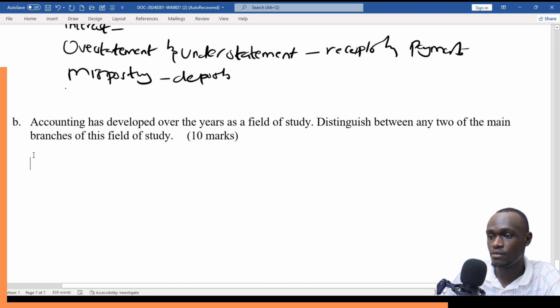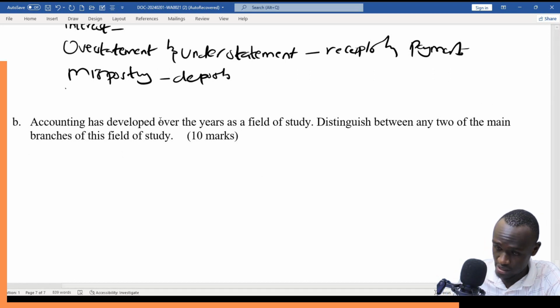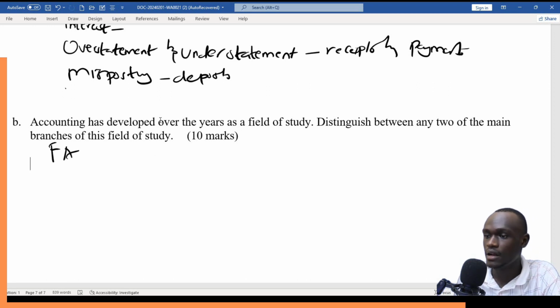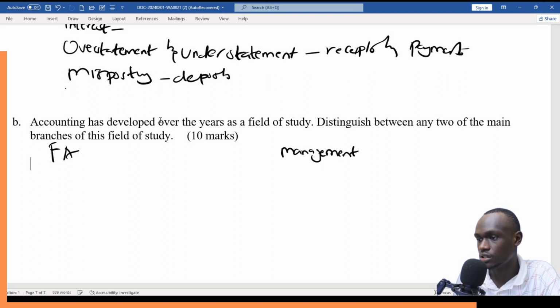You can name them: financial accounting, management accounting, auditing, taxation, and so on. But what are these two main? So the two main branches are financial accounting and management accounting. So this question basically requires us to state the differences between financial accounting and management accounting.